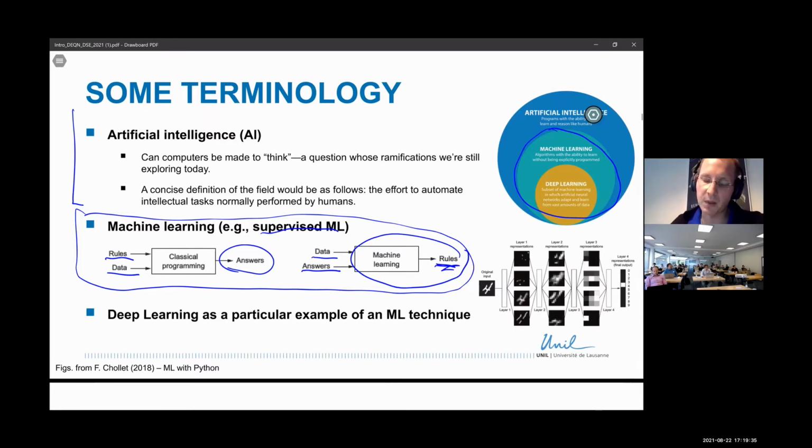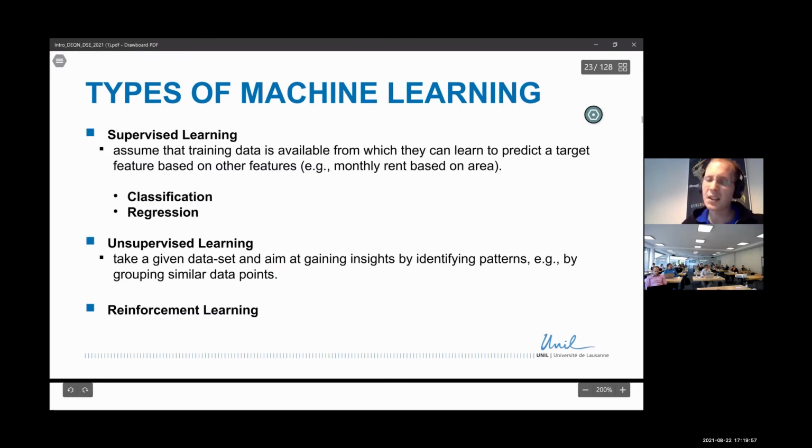Talking of economics, given X and Y, you will find the map that connects the two. And then finally, deep learning is just a particular tool within the realm of machine learning, just to put the terminology straight. And there are multiple flavors of machine learning.